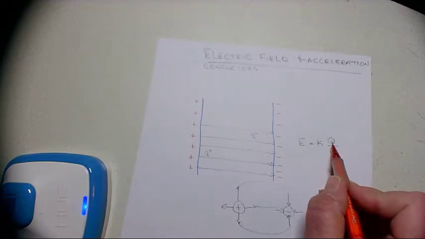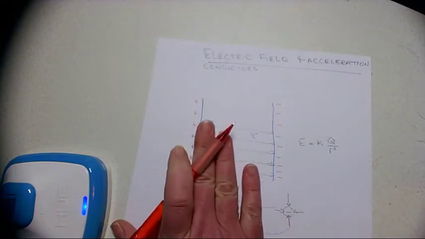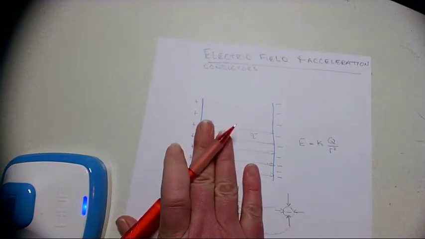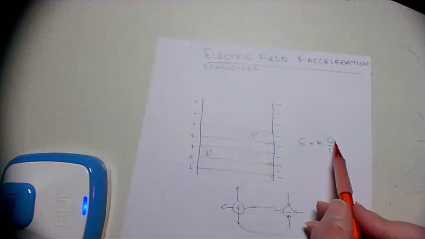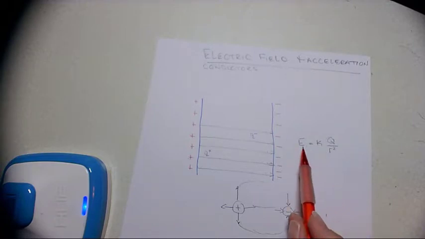But now we can look at a field with these guys specific to one charge. So I can isolate this negative charge, and so long as I know its strength, I can figure out at some point away from this negative charge what that electric field strength is. And I can do the same here.